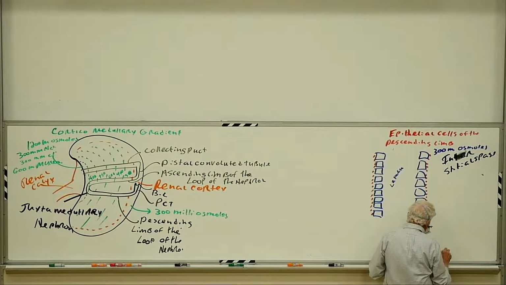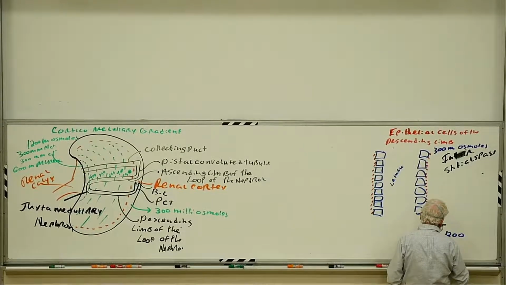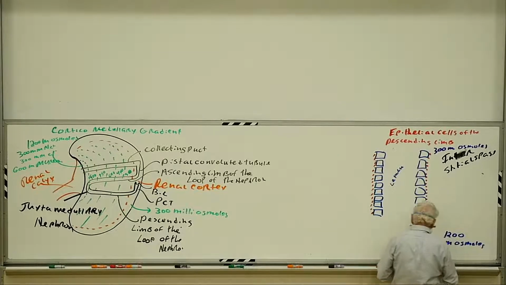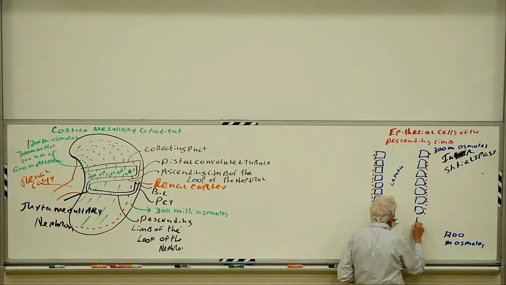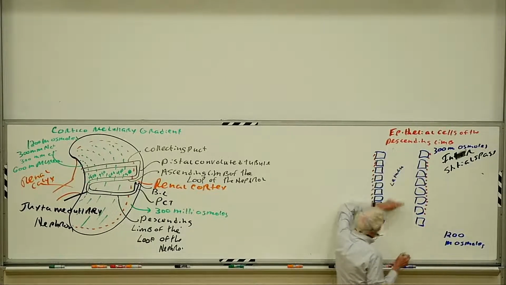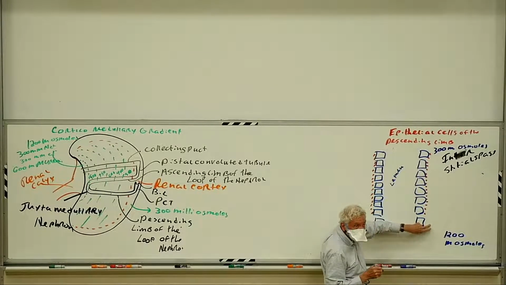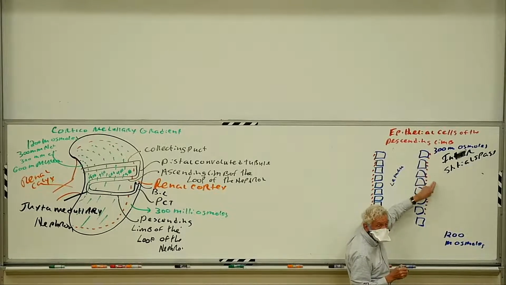But down here, down deep in the medulla, we're down around 1,200 in some cases, milliosmoles. So if you could imagine being inside this tube, if you were swimming down through this tube and you could look through the cells, you would see on the far side of the cells that it was getting saltier and saltier and saltier.